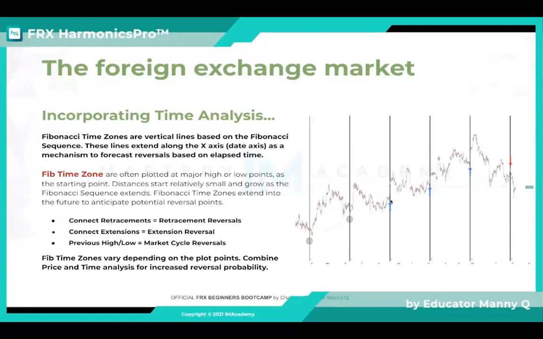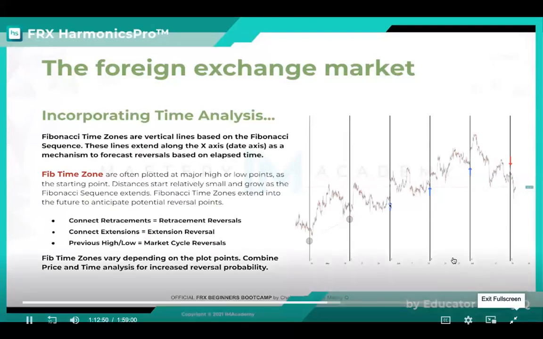When the market crosses over the next time zone, you can look for another potential reversal.